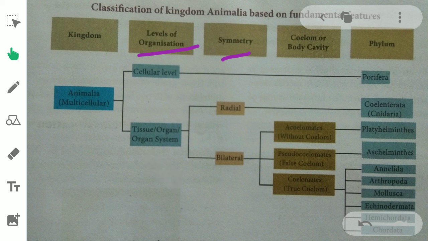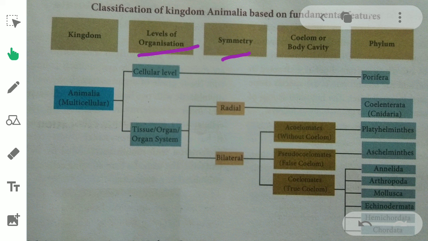Cellular level, the best example is Porifera. Tissue level is divided into two. One is radial symmetry, the other bilateral symmetry. Radial symmetry, example, Coelenterata, Cnidaria. Bilateral, acoelomate, without coelom.